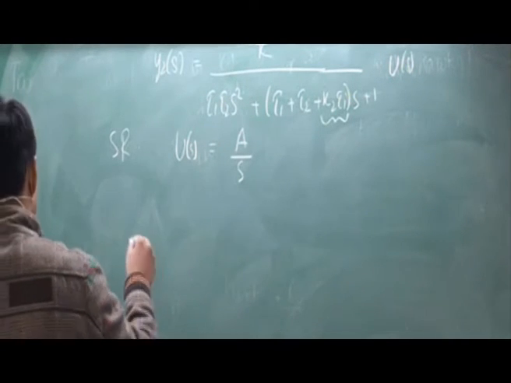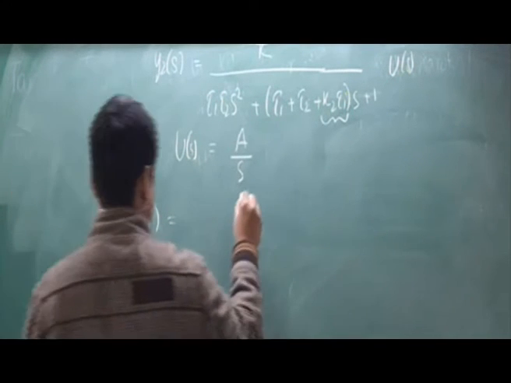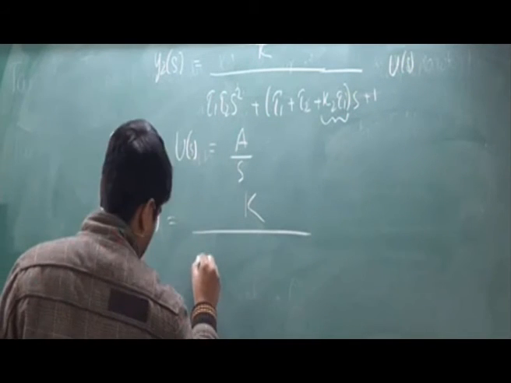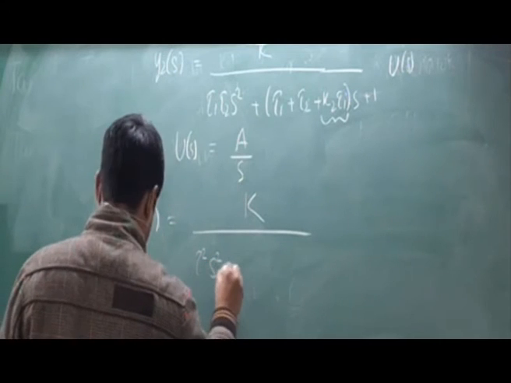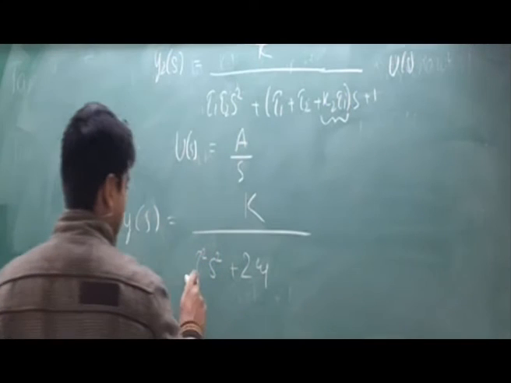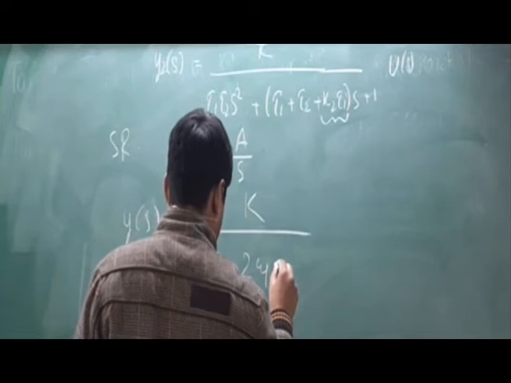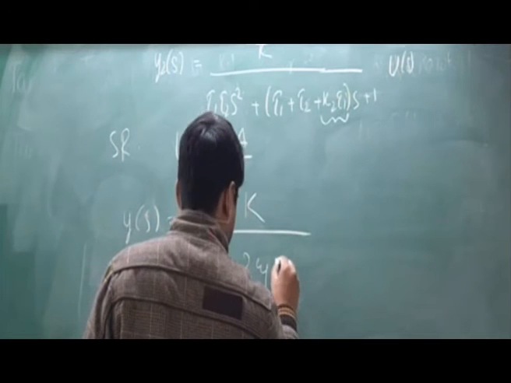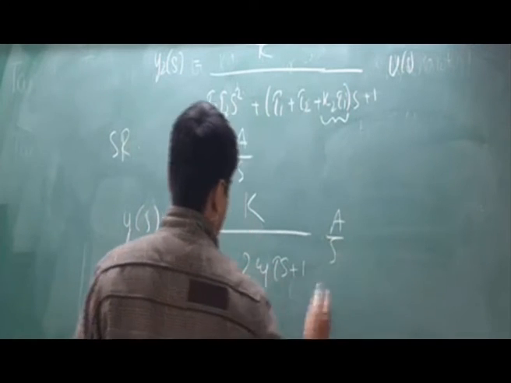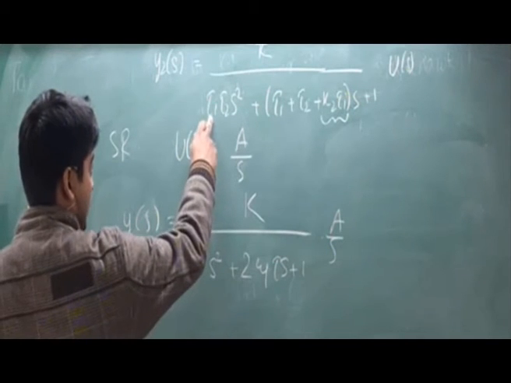So Y(s) in that case will become K divided by tau square multiplied by s square plus 2 xi tau s plus 1, into A of s, where here you will notice that tau is simply the square root of tau 1 and tau 2.